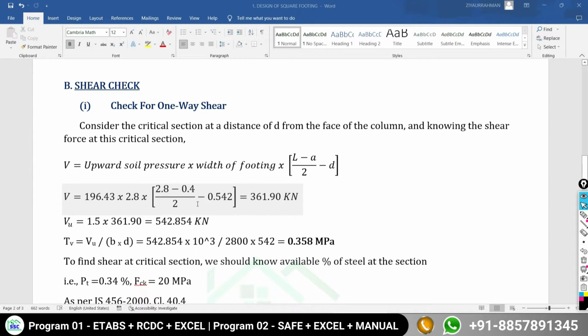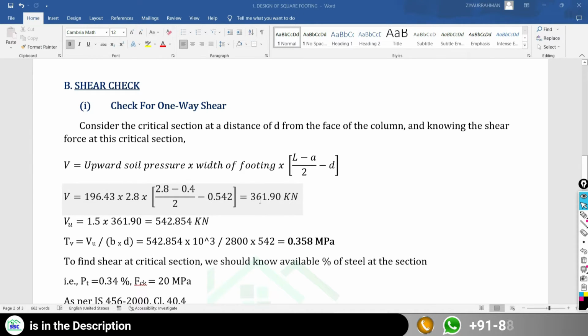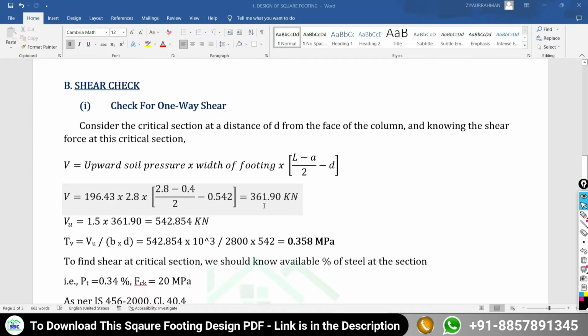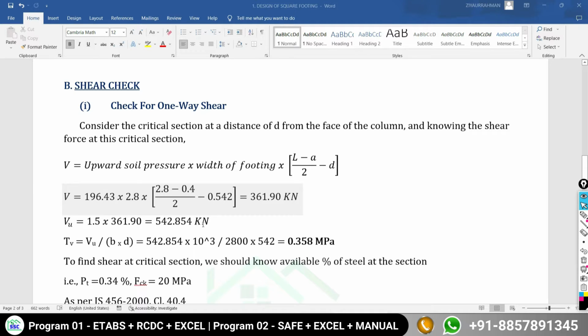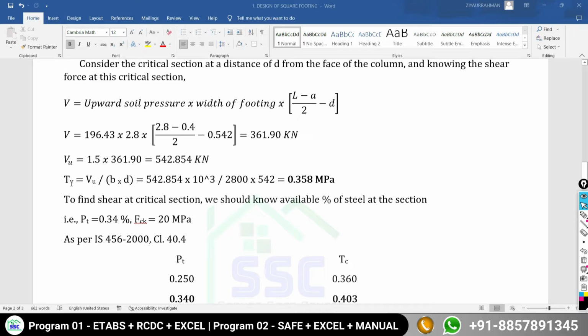So put all of these values here, and now we are getting shear force as 361.9 kilonewton. Take the factor of this by multiplying it by 1.5, so we are getting the factored shear force as 542.854, and we want to calculate the nominal shear at the proposed section, so it is going to become what?